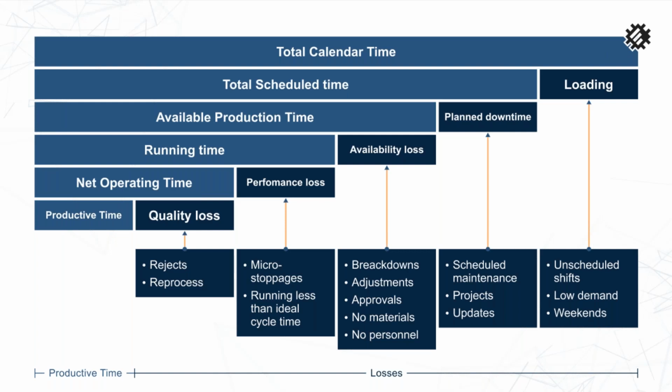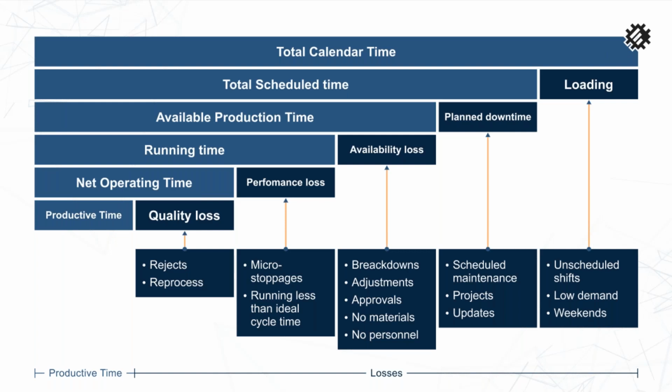Also, availability losses. We should monitor the equipment utilization, so monitor the reasons why our machinery was in idle mode, and eliminate these reasons as soon as possible, right? Then plan the downtime.